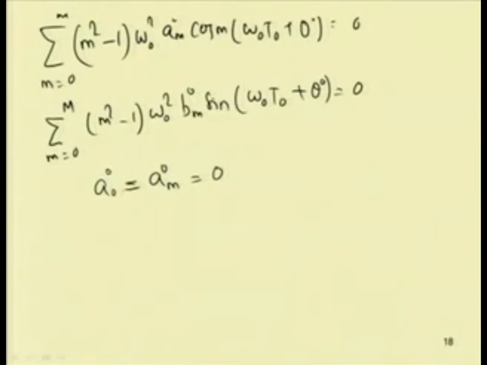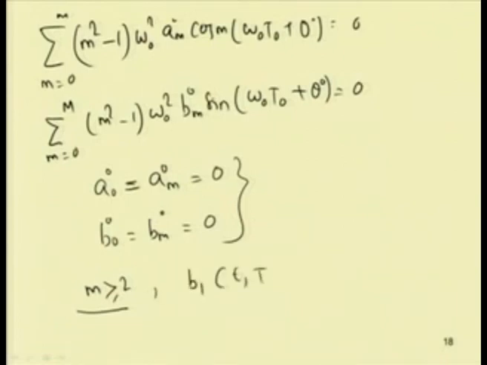In this case we can get A 0 0 equal to AM 0 equal to 0. Similarly, B 0 0 will be equal to BM 0, and this will be equal to 0. For m greater than 2, as the system is autonomous, we can get this B 1 epsilon T 1 T 2 equal to 0.